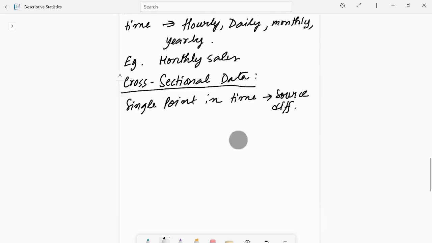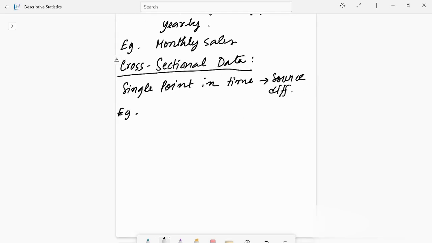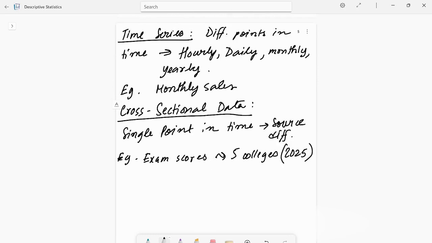For example, if we take exam scores of students from 5 colleges in the year 2025, what is it? It is cross-sectional data. Time series helps study changes and trends over time, while cross-sectional focuses on comparison across subjects at one moment. Right? You're getting my point.